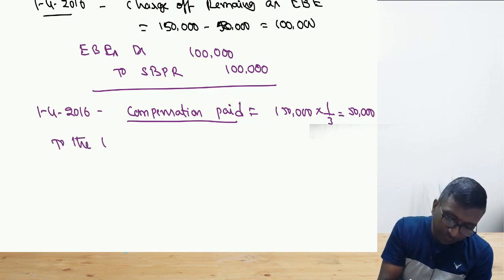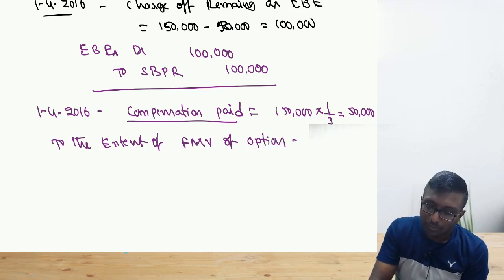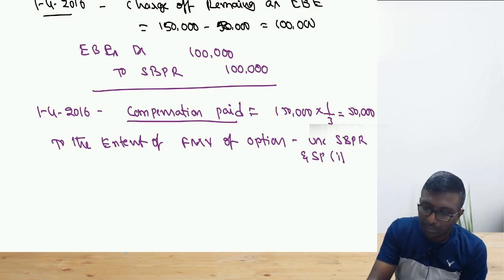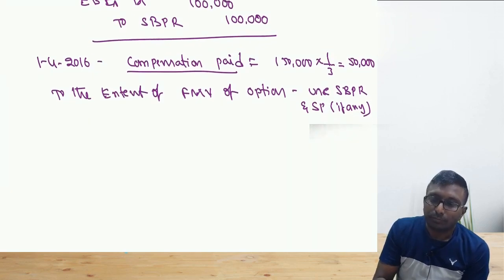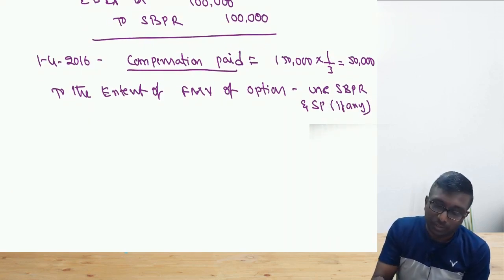Right. You write once again. To the extent of fair value, fair market value of option, use SBPR and security premium, bracket if any. Okay. Right.